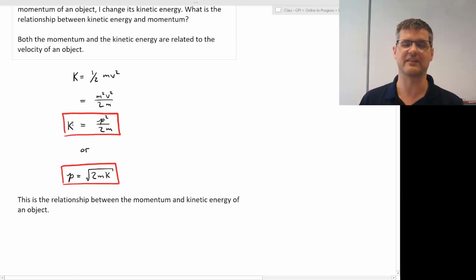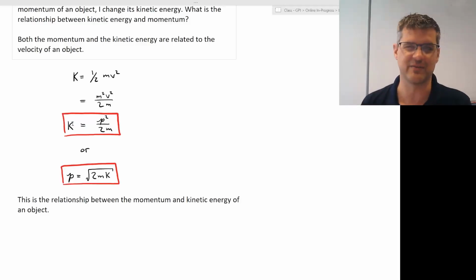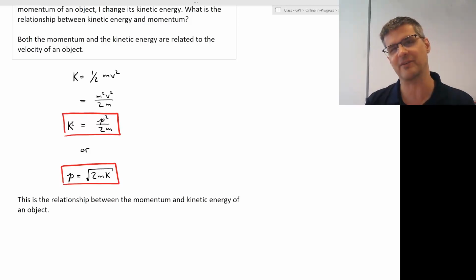So apparently the kinetic energy is related to the momentum in this particular way. If you know what the momentum in your system is, you take it, square it, divide by 2m, that is the kinetic energy in your system. Or rearranging terms, if you happen to know what the kinetic energy is, you can find the momentum by algebraically solving this exact same expression. Momentum is going to be the square root of 2m times the kinetic energy.